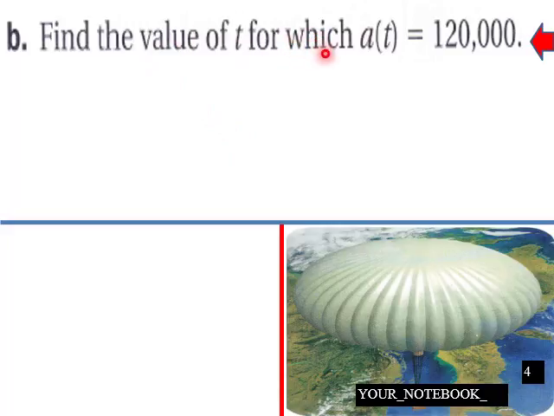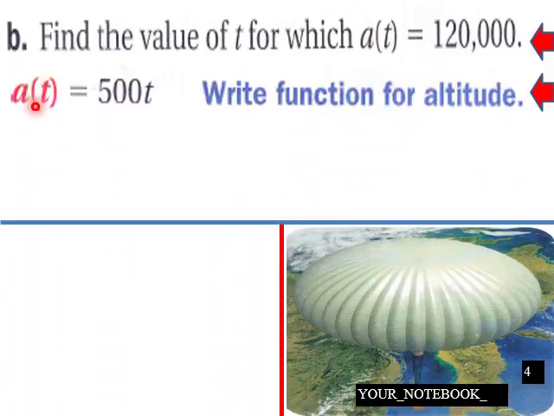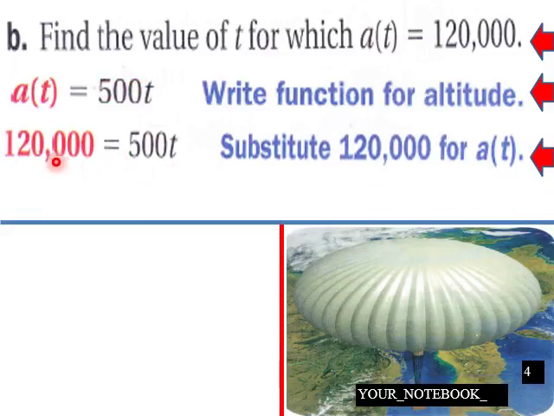Find the value of t for which A of t equals 120,000. So A of t equals 500t. We know it rises at 500 feet per minute, and t is in minutes. So 120,000 is our A of t, our altitude, I guess our maximum altitude.